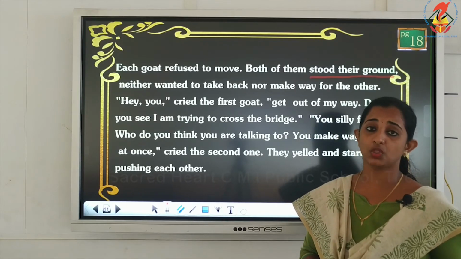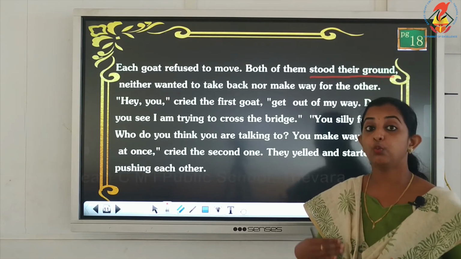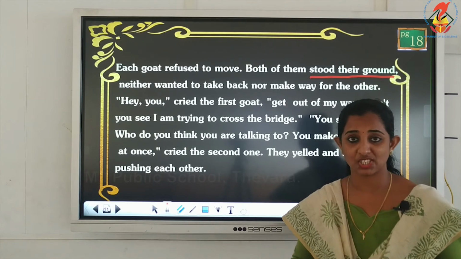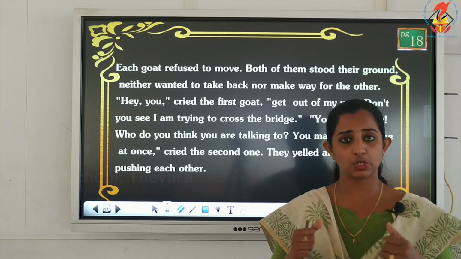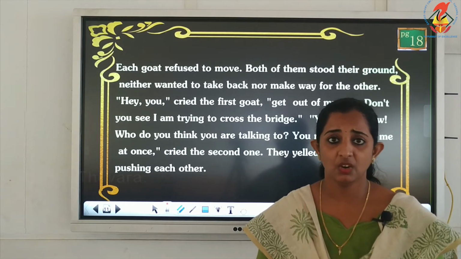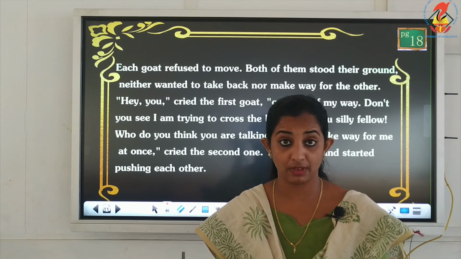What do you mean by stood their ground? They were not willing to move from the decision of moving away for the other one. That is the meaning. They stood by their decision. They stood strong with their decision of not moving away from the bridge.